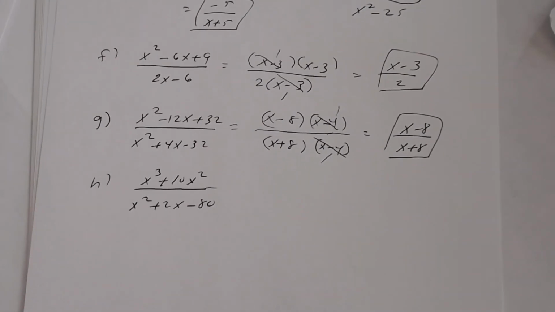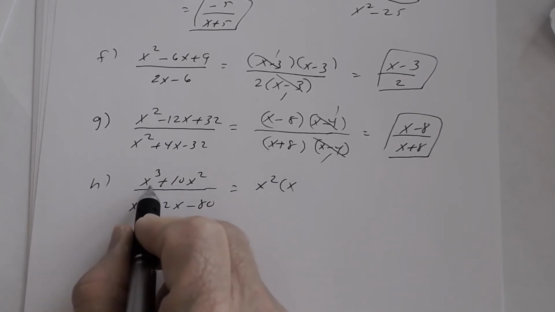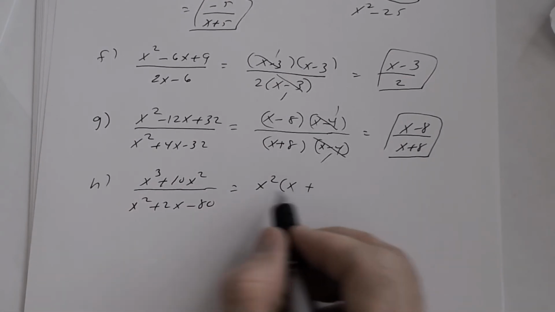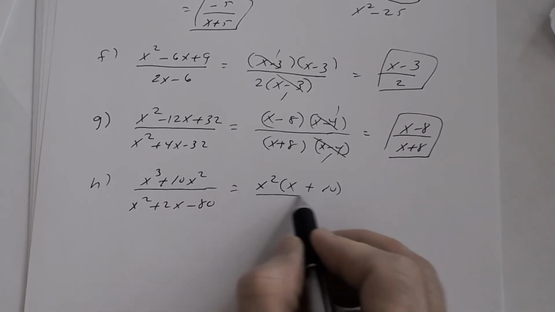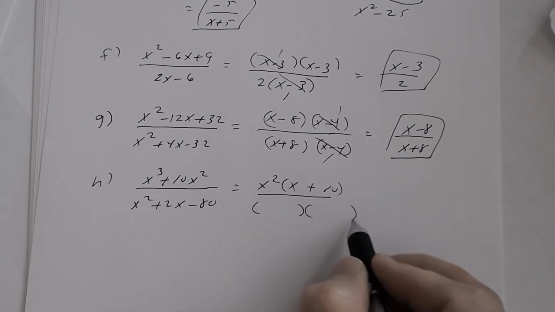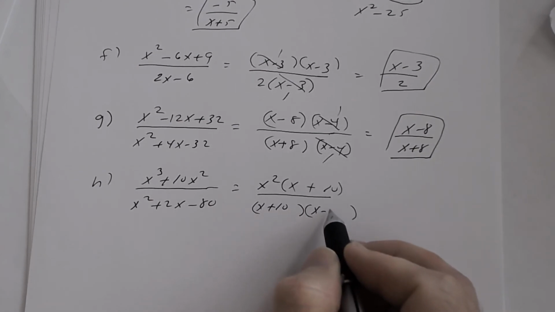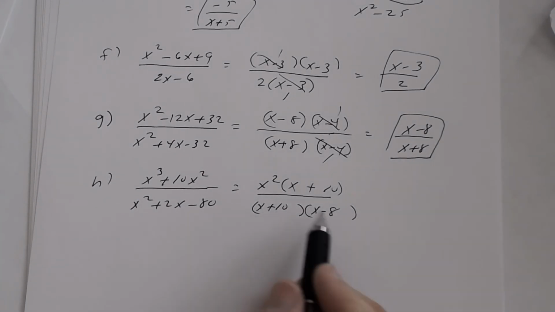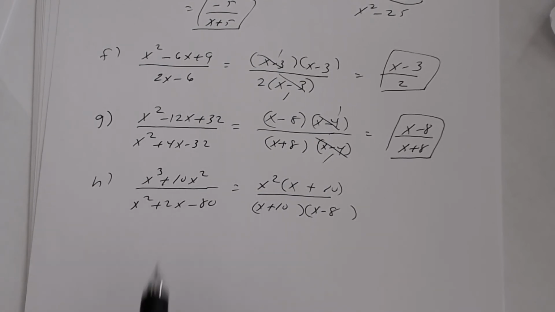So I get x squared times x is x cubed, and then x squared times a positive 10 is a positive 10x squared. Divided by, and then here I can factor two binomials, and it looks like I'm going to get x plus 10, x minus 8. Because 10 times a negative 8 is a negative 80. The outer is a negative 8x, the inner is a positive 10x, and I get a positive 2x.